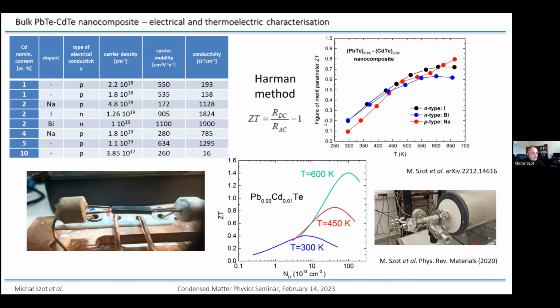As a result, we have obtained that the ZT parameter for our samples reaches a value of about 0.7 to 0.8 for all checked samples, which is a very good preliminary result if we take into account our previous theoretical predictions, which indicate that for samples with a little bit higher concentration, the ZT parameter may be much higher than 1.